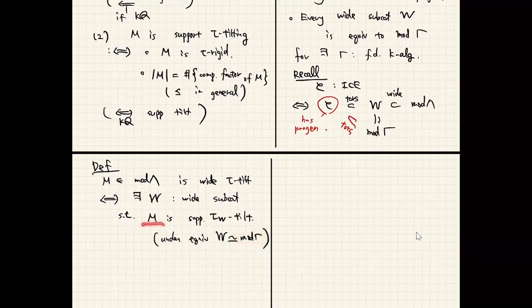And this says that M is a support tau tilting gamma-module under this equivalence. So this is maybe a complicated definition because we have to designate some wide subcategories. So it's not an interesting homological characterization.